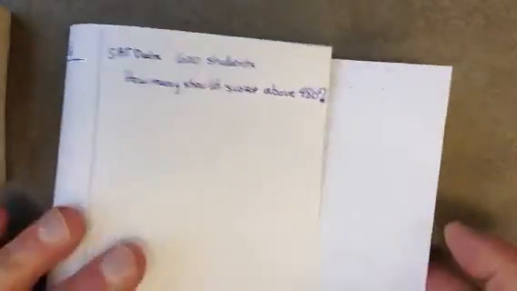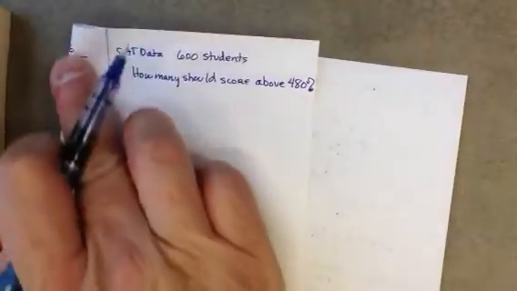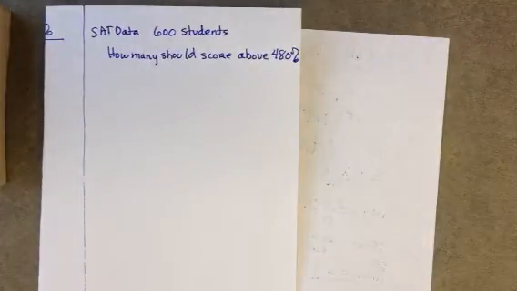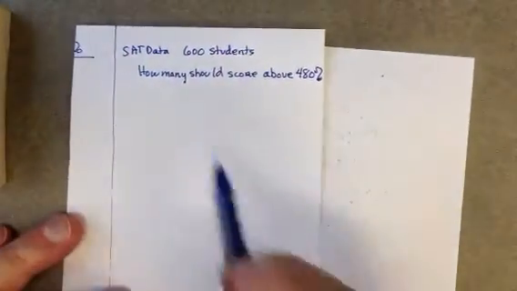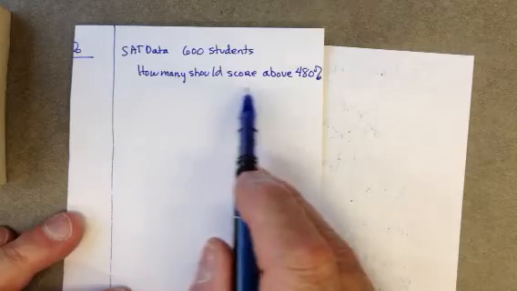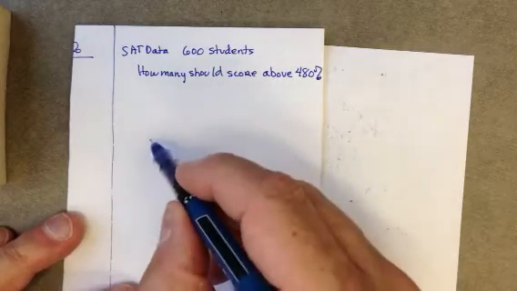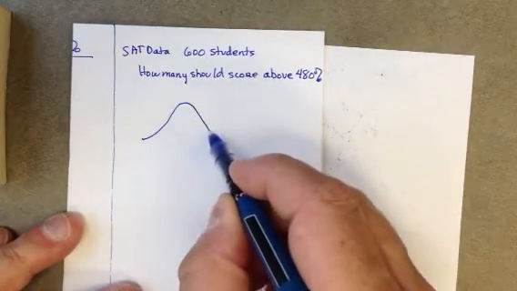So we have our third question, and that question is, okay, we've got new data here. It's an SAT problem. We have SAT data, and we have 600 students. How many should score above a score of 480? So I'm going to draw it again.